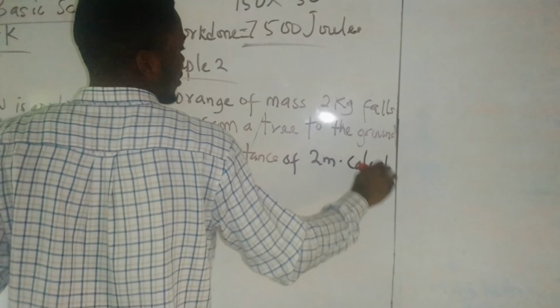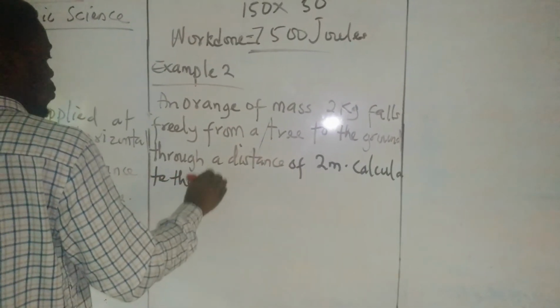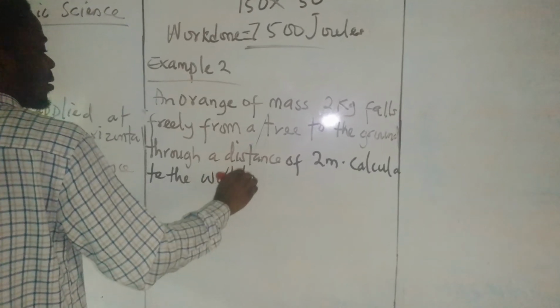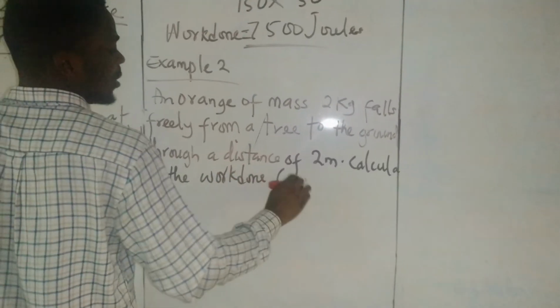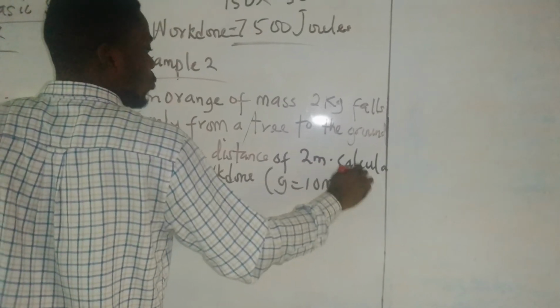Calculate the work done, taking G as 10 meters per second square.